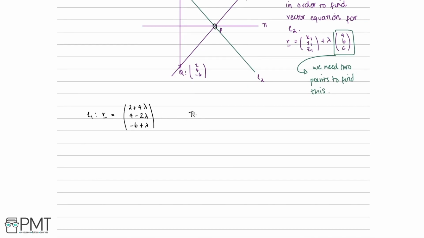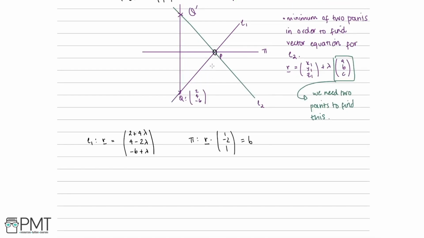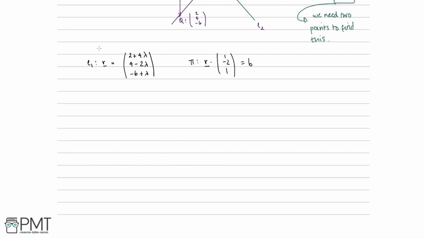And once again, pi will remain the same, so pi is r dot (1, -2, 1) is equal to 6. And because at this point the line L1 intersects with the plane pi, we can put the r value for L1 at this point into our equation for pi to form (2 + 4 lambda, 4 - 2 lambda, -6 + lambda) dotted with (1, -2, 1) is equal to 6.